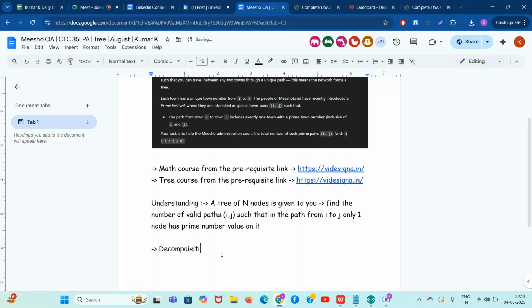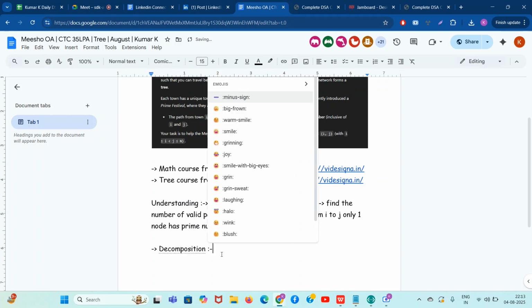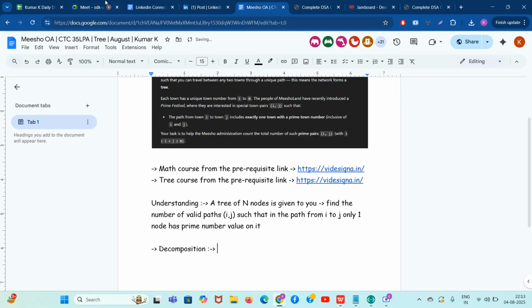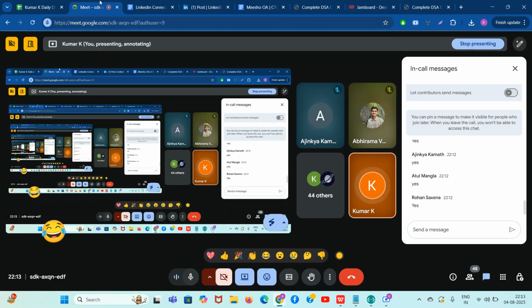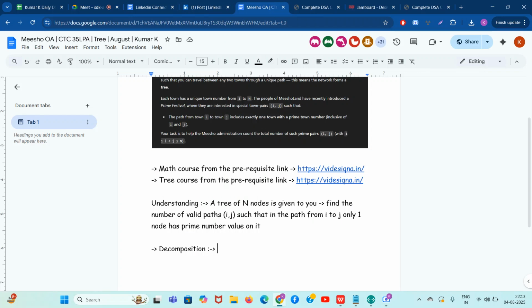Decomposition means why they have added this prime number thing. Did you ever try to think why the problem setter added that prime number thing? If you try to think about it, he just wants to check your sieve knowledge. He just wants to see that if a number is given, do you know how to tell whether it is a prime number or not?